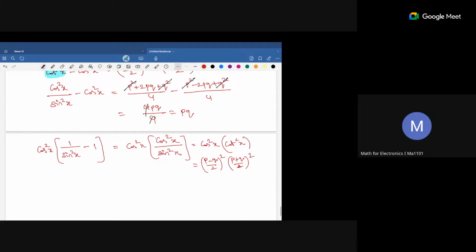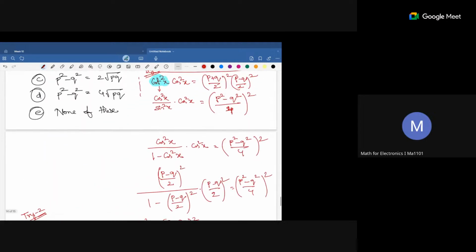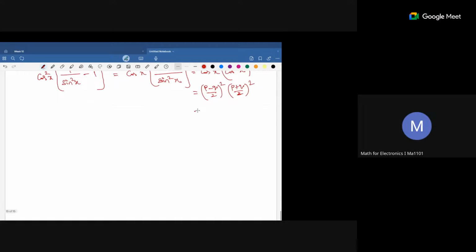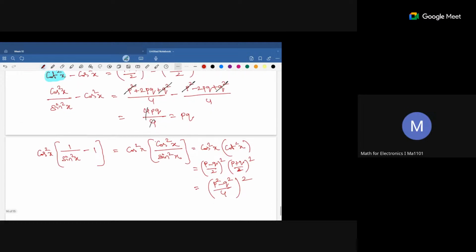So cot square x into cos square x is going to be ((p square minus q square) divided by 4) whole square. This is the left hand side, and that is the RHS.